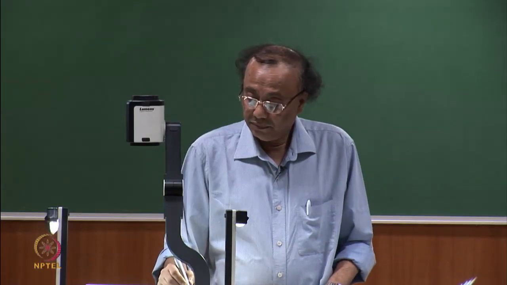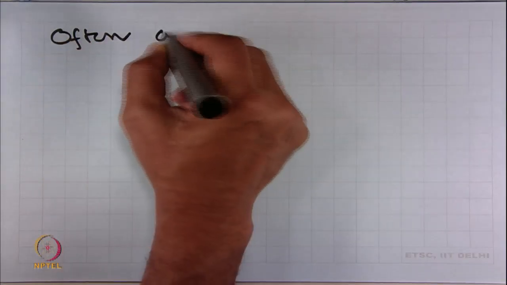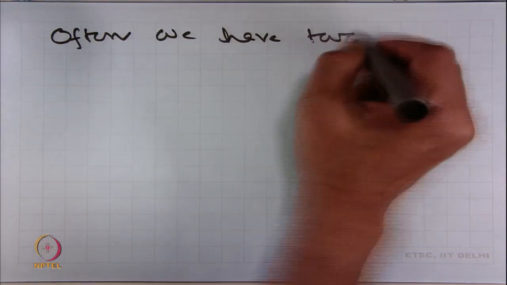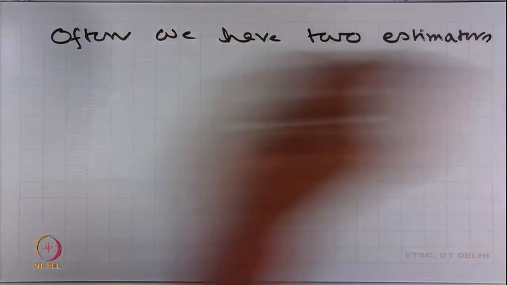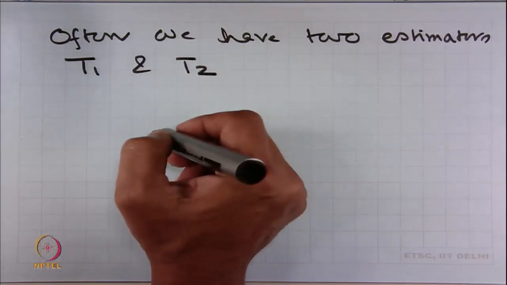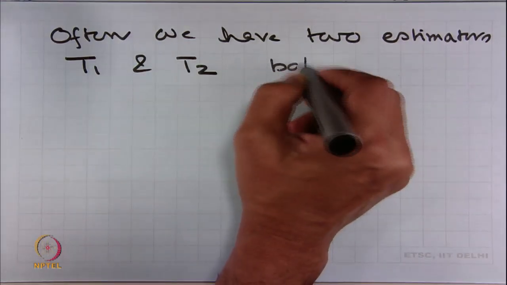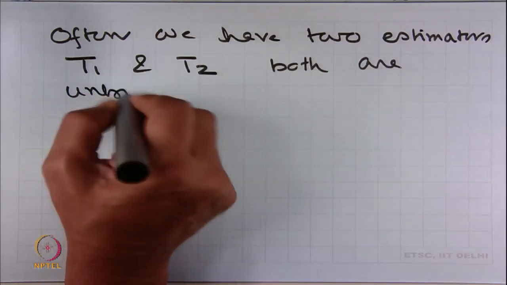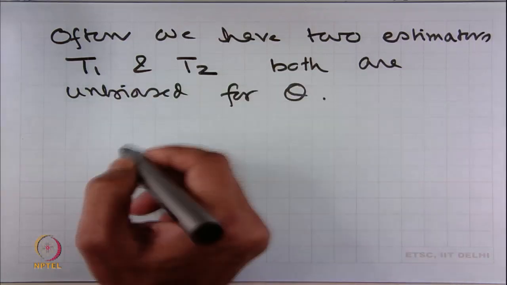Now, often we have two estimators, T1 and T2. Both are unbiased for theta.